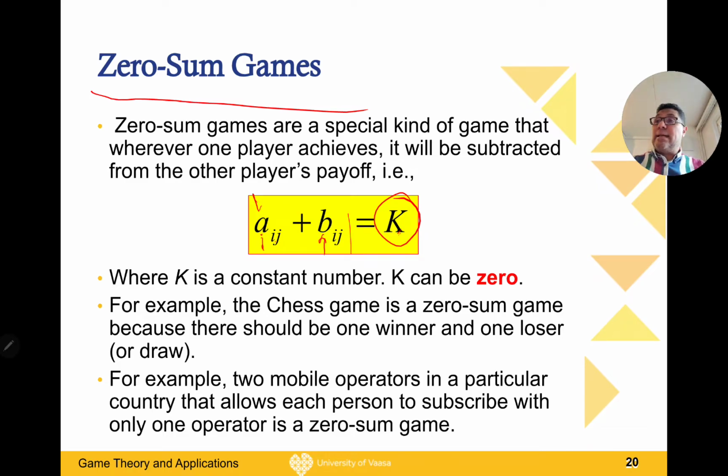Okay, and for K which is not zero, for example, if you assume that in a certain country we have a rule that each person must be subscribed with one mobile operator. So we have two mobile operators, A and B, and each customer must be subscribed to only one of them.